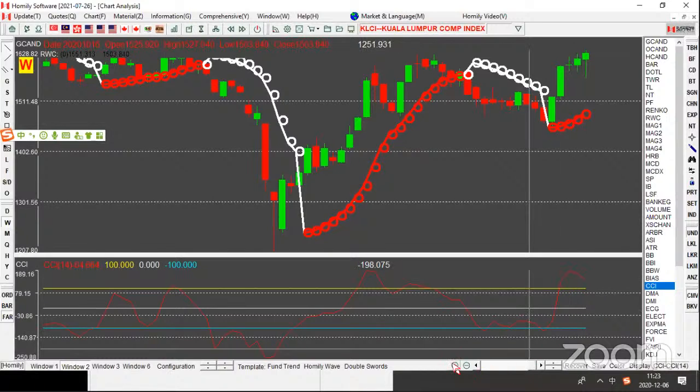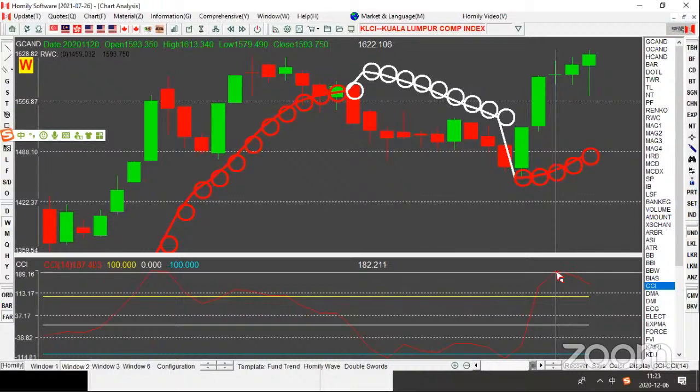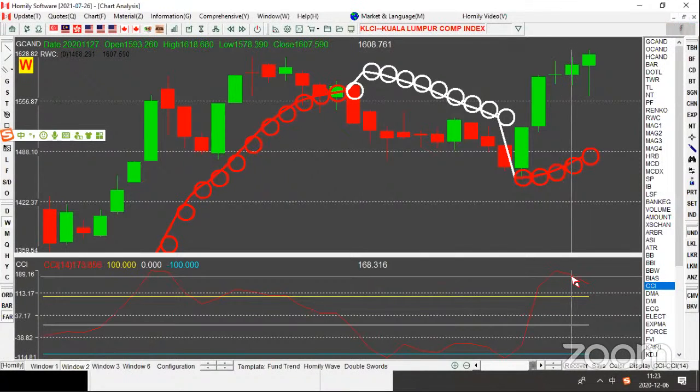Okay, let's see the current KLCI based on the weekly chart. We can see very clearly. After the week of 20 November, the CCI line hit the highest level, which is 187. Then next week, even though the price closed as a green candle, which means the price went up, we can see the CCI line already turning downward, right?